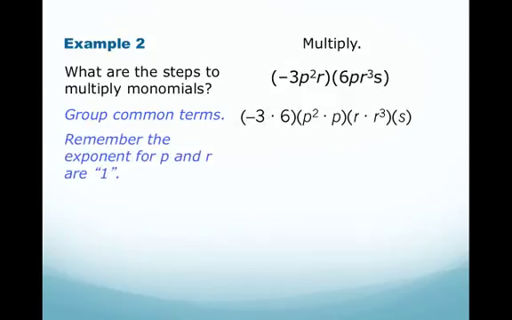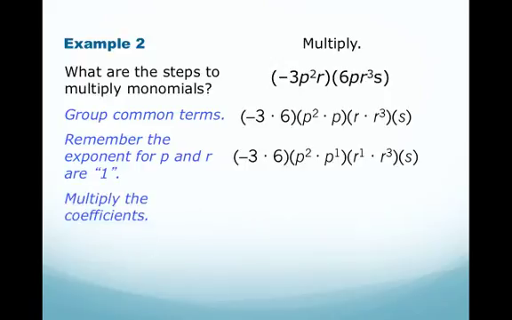Remember that the p and r have exponents of 1, so I'm going to add that in and rewrite it. So it's negative 3 times 6 times p squared times p to the first times r to the first times r to the third times s.